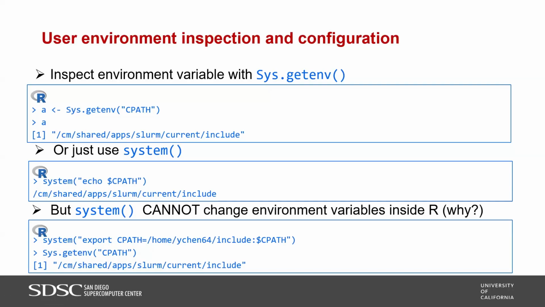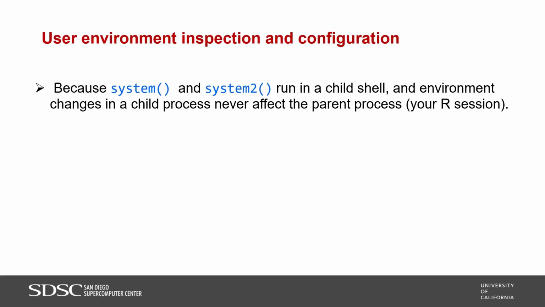But this is why: because system and system2 are all running in a bash child shell, and the environment change in a child process never affects the parent process, which is where your R session is.